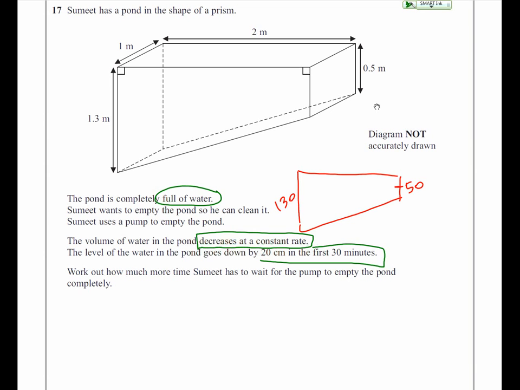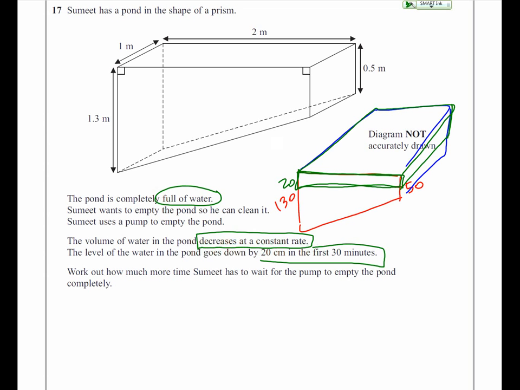So we know about it going up to here. So that's 20. So now let's imagine again that we've got our 3D shape like we have. We want to figure out the volume of water, how much water has been lost if it's gone down 20 centimetres. This is a very challenging question, let me say that.